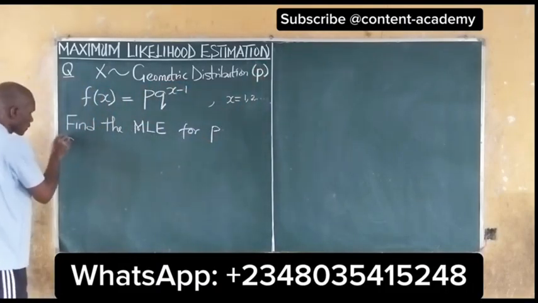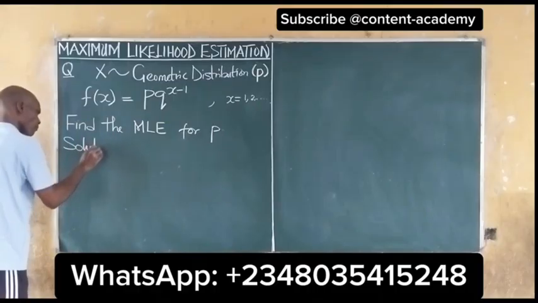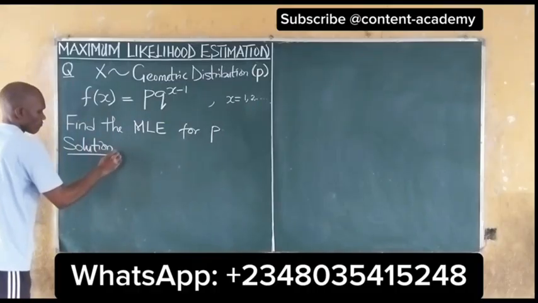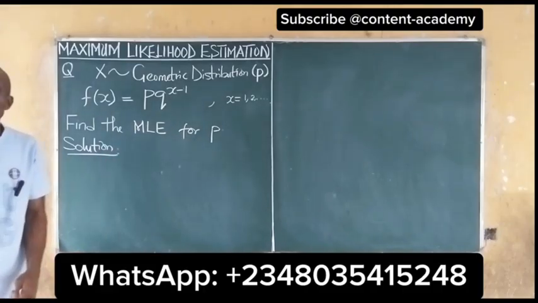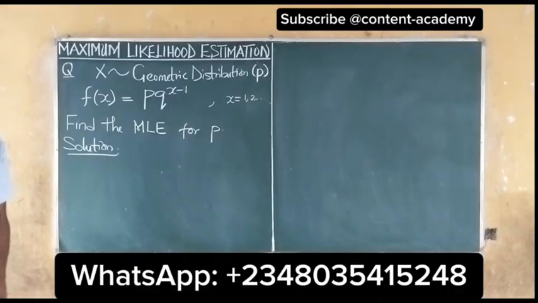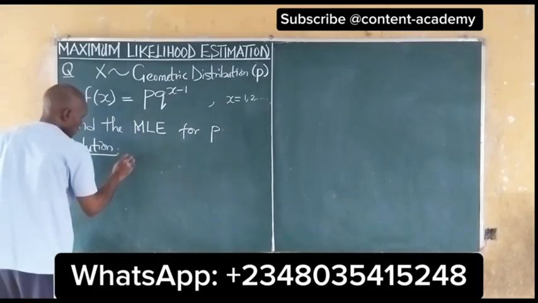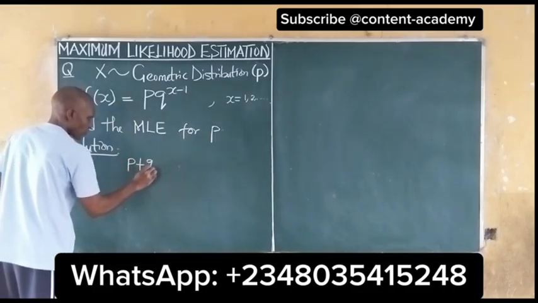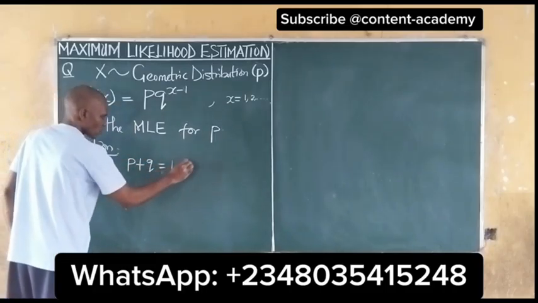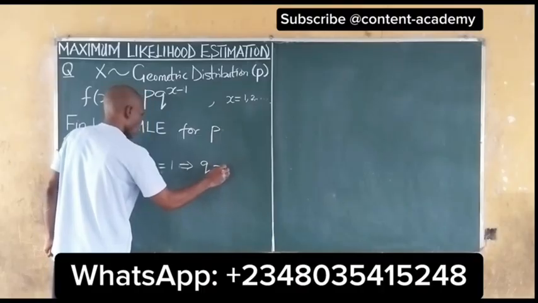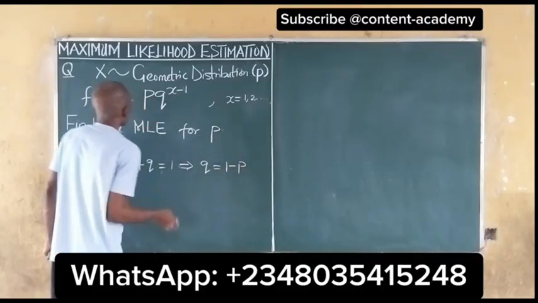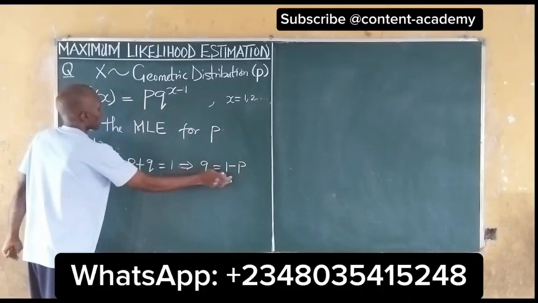Now we have the solution. Like we all said, the first thing to do is to take the likelihood function of this distribution. But in probability, we should understand that p plus q is equal to 1, which implies that q is equal to 1 minus p. So anywhere we see q, we put 1 minus p.